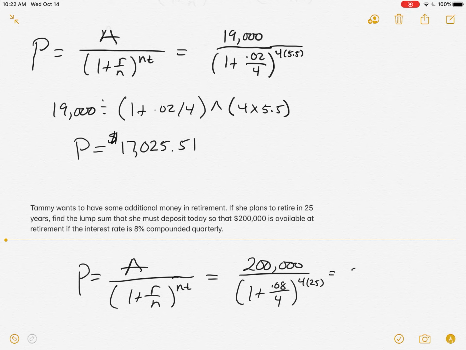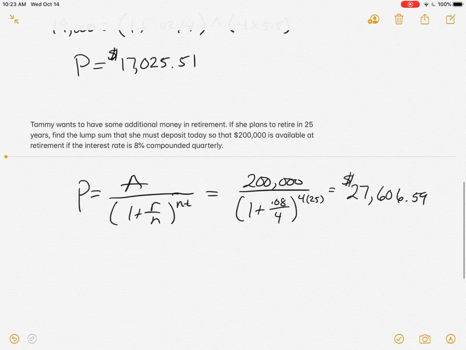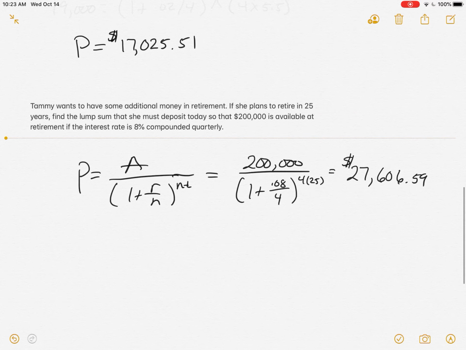She has to put in the account right now $27,606.59. So if she saved $27,606 right now and just put it aside, not even touched it, in 25 years it's got a lot of time to grow, it'll grow to $200,000.